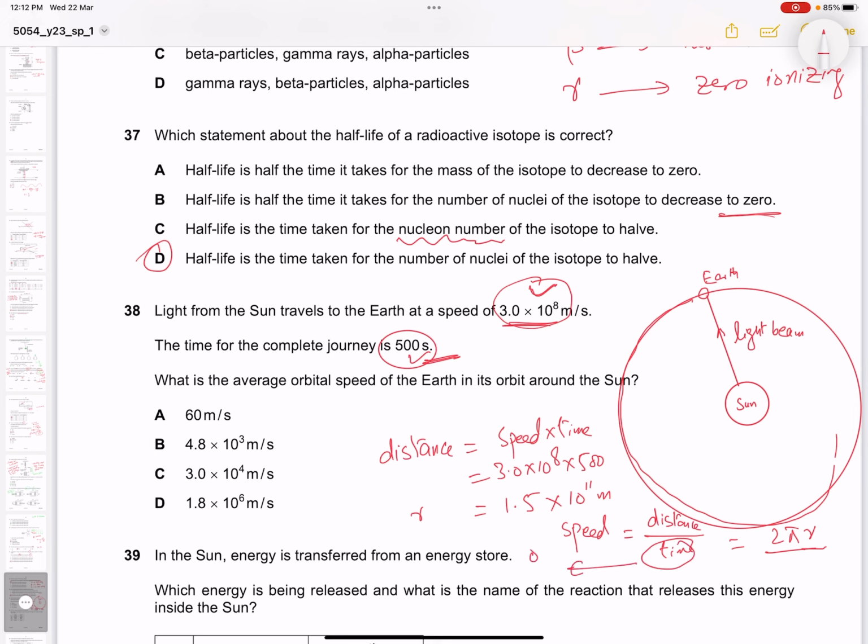This time is basically 365 days, multiplied by 24 hours, multiplied by 60 minutes, multiplied by 60 seconds, to convert it to seconds. And in place of r you will put the value 1.5 times 10^11. After doing all of this calculation, you will get the value of orbital speed as option C.